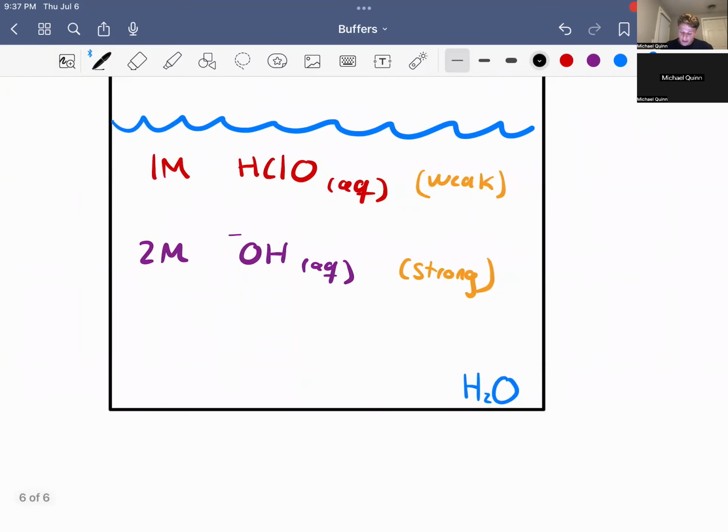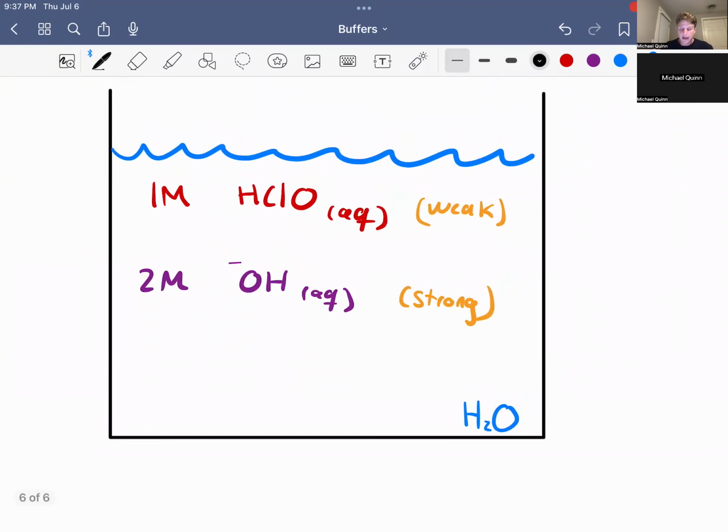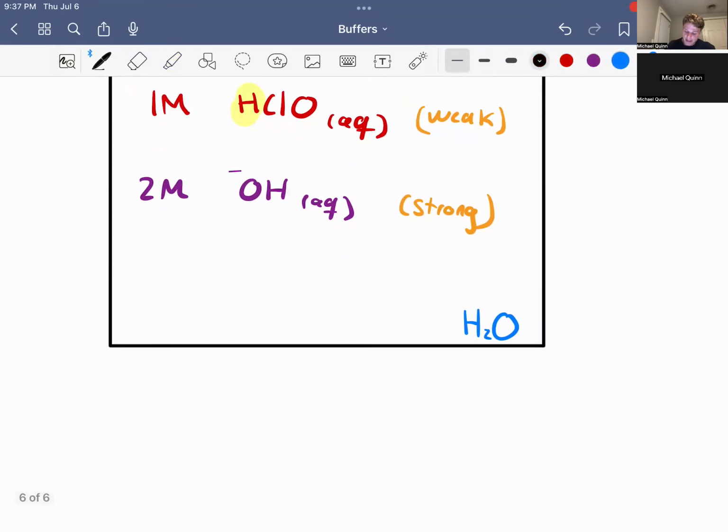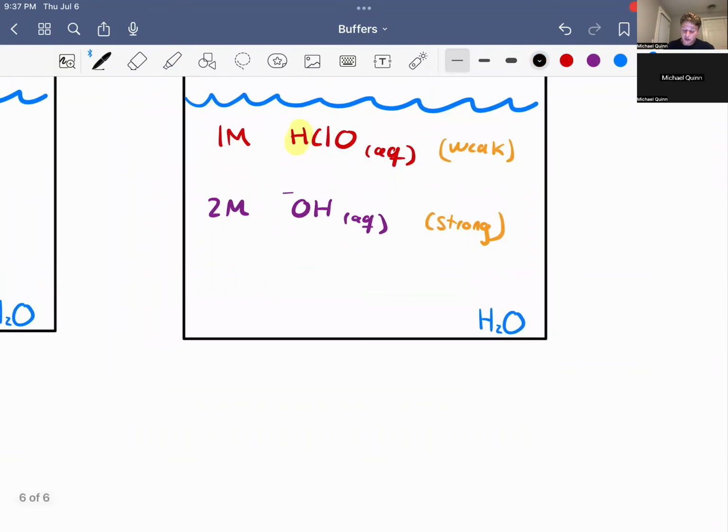So in this case, we have 1 molar of a weak acid, HClO. It has this hydrogen right here ready to give away. And we're adding 2 molar of OH minus, which is a strong base. So we have a weak acid and we are titrating it with a strong base. So let's set up an ice table to see whether our leftover beaker will make a buffer.